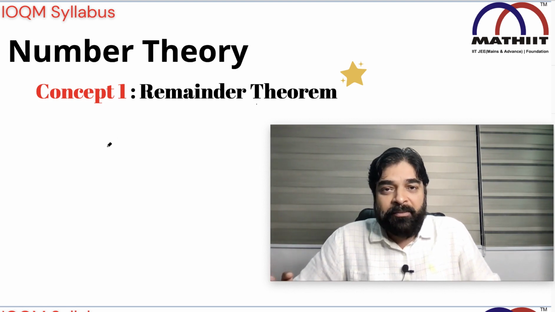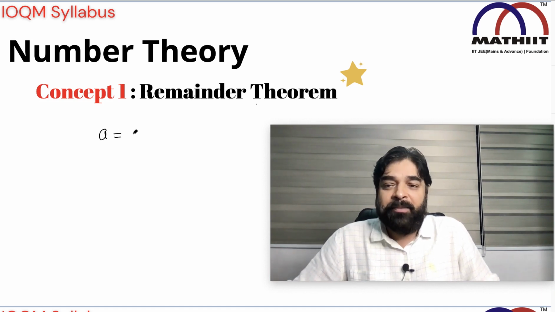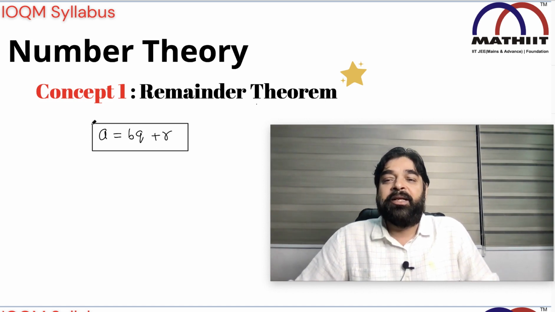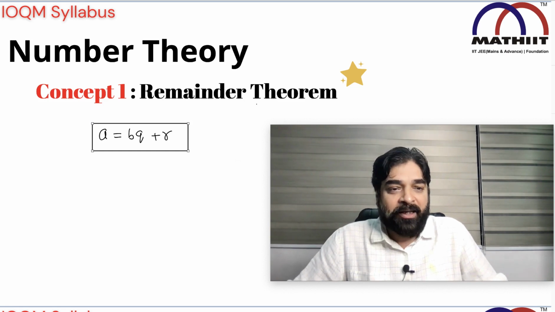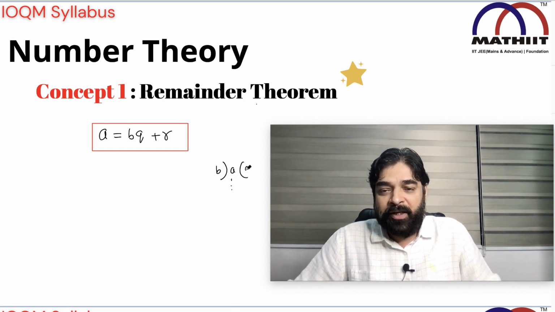So let me remind you what exactly the remainder theorem means. If you divide any number a by b, it can be written as a = bq + r. This means if you are dividing a by b, some quotient will come, suppose q, and some remainder, suppose r.